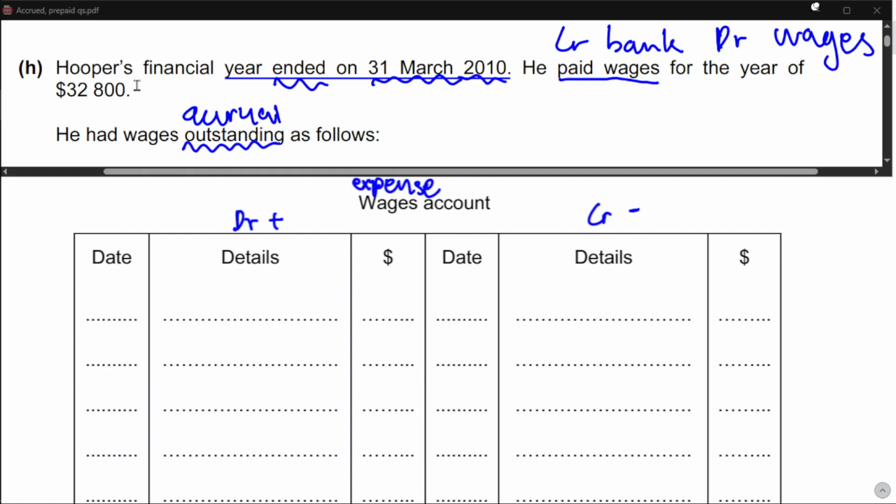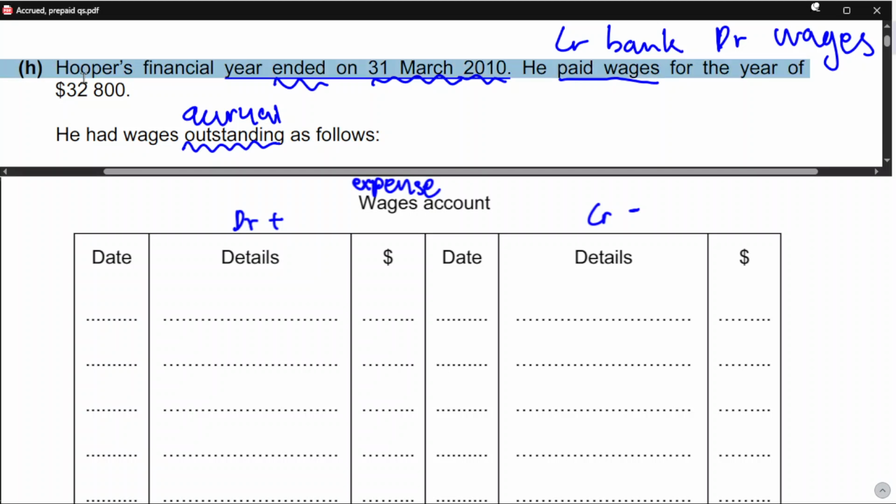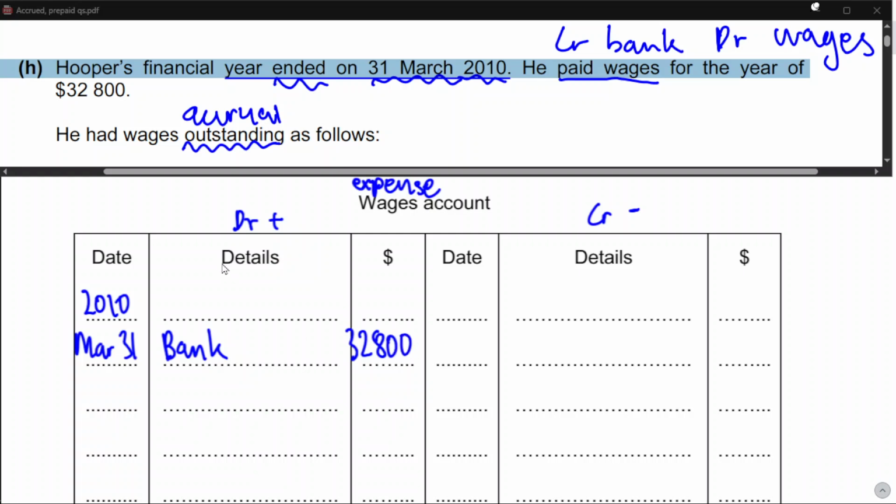Then let's see the first line. The first line, he wants you to do wages debit bank. Date will be 2010 March 31 and 2800.